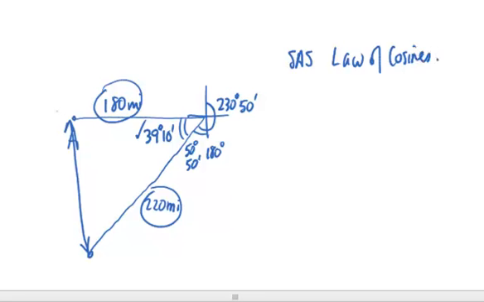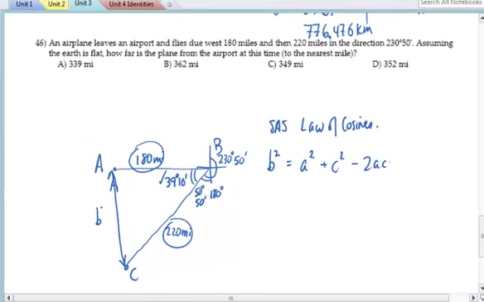Law of cosines says, if I label this to be A, B, and C, side B squared is equal to A squared plus C squared minus 2AC cosine of angle B. So we have everything we need here to do this.